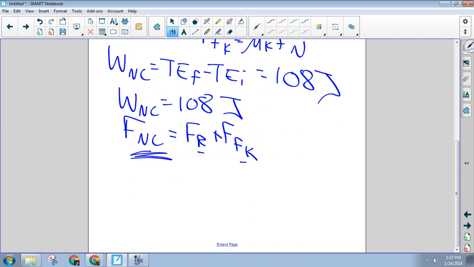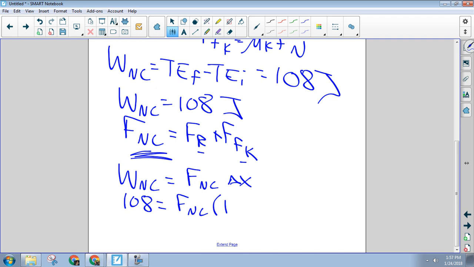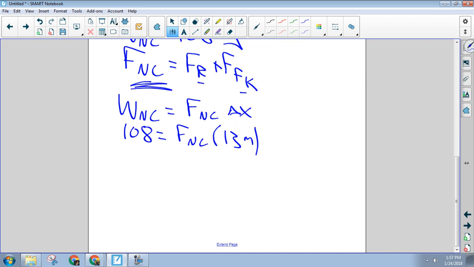Let's solve this. So if work of non-conservative forces is non-conservative force times displacement, then I get 108 equals whatever my non-conservative force is times my displacement of 13 meters, right? Follow? So divide both sides by 13, and you get that your non-conservative force is 108 divided by 13.